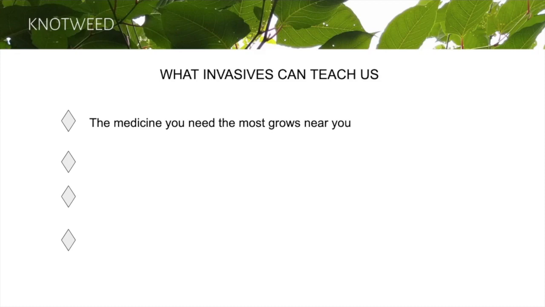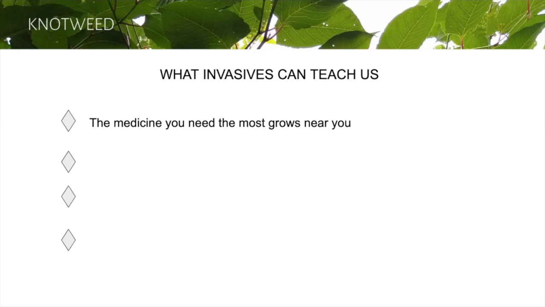And the invasive plants teach us this in a way because they were plants that did not used to grow here, and all of a sudden they pop up and begin to grow all over. This is a sign from the earth that it is a plant that we need right now.